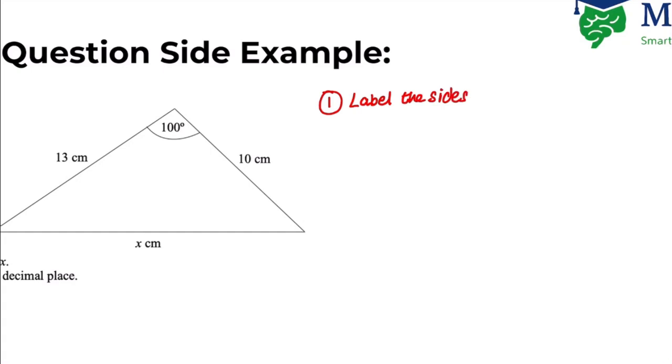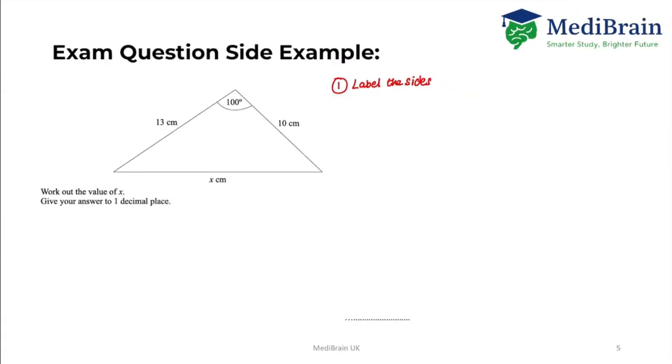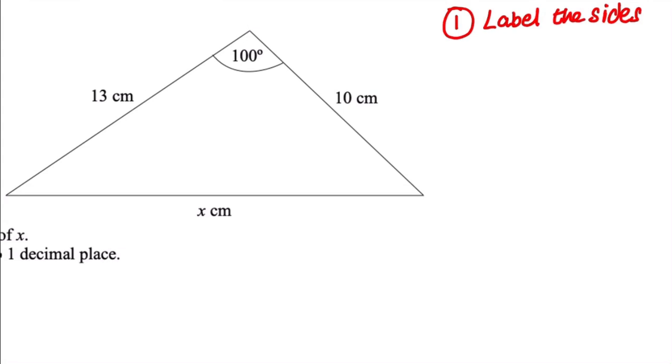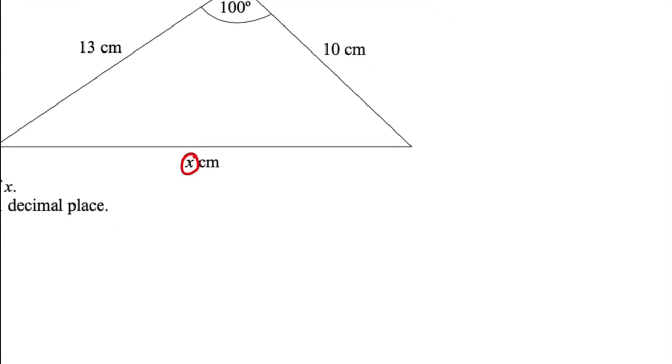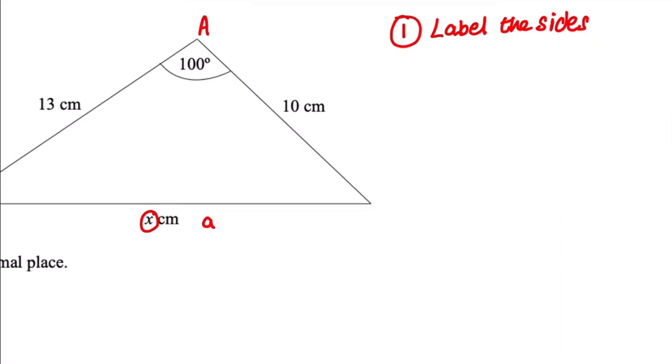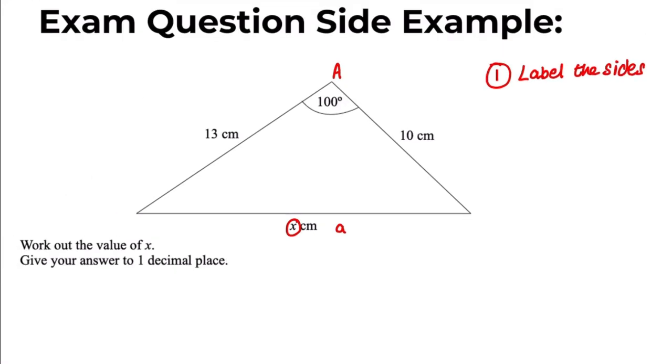So what we're going to do is label the sides, and the only difference with the cosine rule, remember, the A has to be on the side or the corner which you don't know, or which is X. Okay, so as you can see, X is over here. So that means this side is going to be lowercase a, and this corner will be capital A. Okay, because it's opposite to the lowercase a. And then the other two corners can be capital B and capital C in any order. So the side opposite here will be lowercase b.